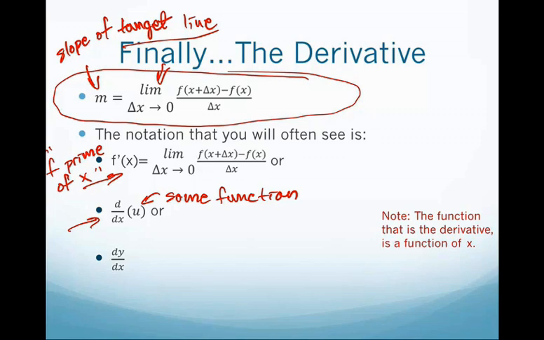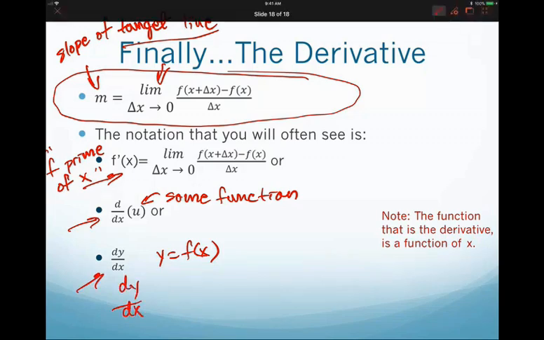Now, a lot of times people are usually having some function of y equals something f of x, and therefore you would just write it as dy dx. Okay. So the two most common ways you're probably going to see it are dy dx and f prime of x. But all of those just basically mean the derivative. Okay. All right.